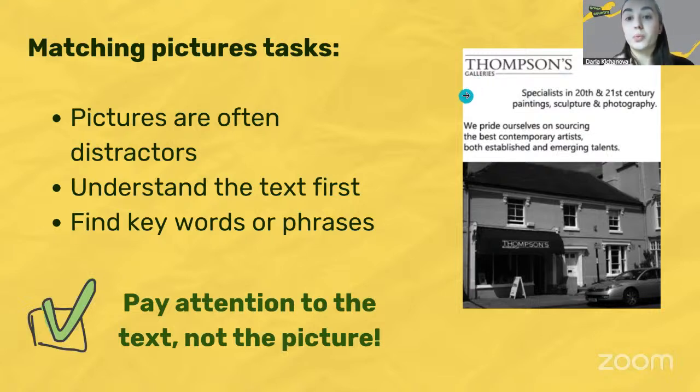So without any options, we can understand that this advertisement is about an exhibition, about a gallery, maybe a museum. So here you don't have any answers, but you already have some ideas, some guesses what it can be about.